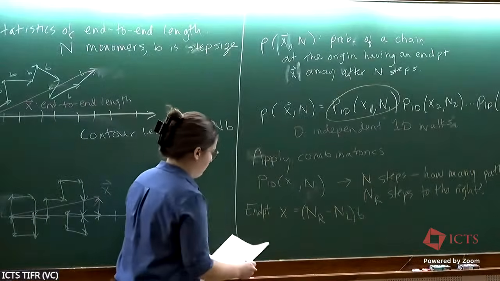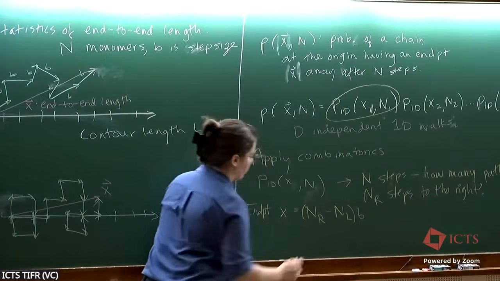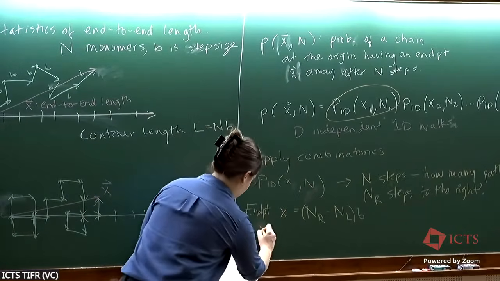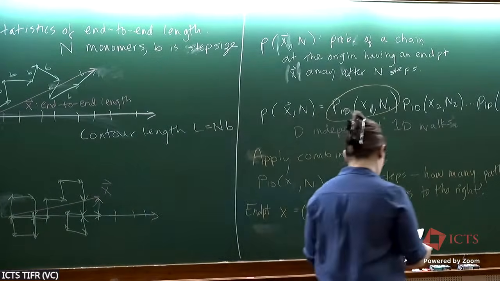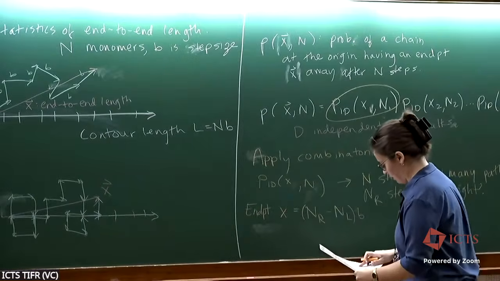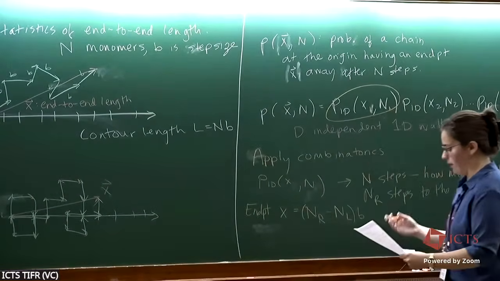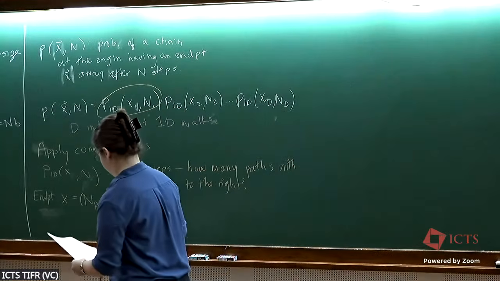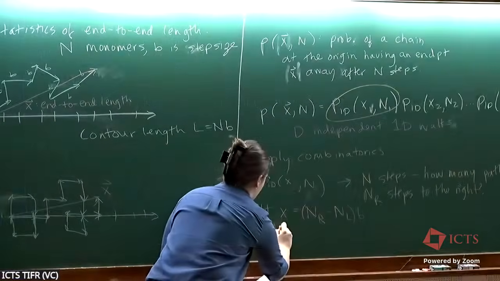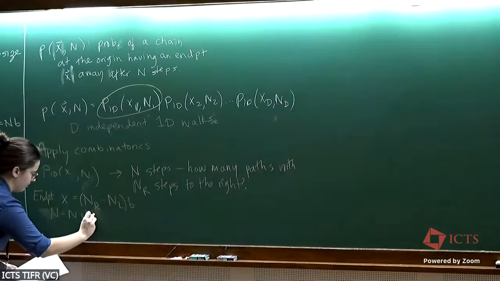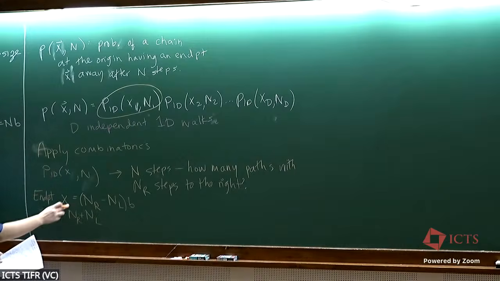And because n is equal to the number of steps to the right and the number of steps to the left summed, that means we can also express n_L and n_R in terms of x. So if we know that n is equal to n_R plus n_L, then we can plug this in.